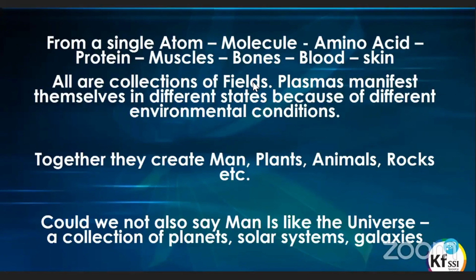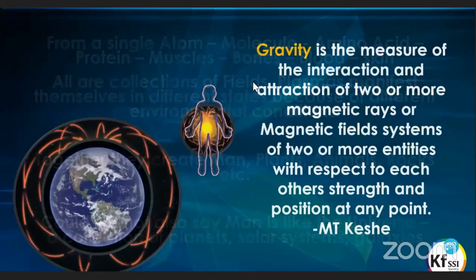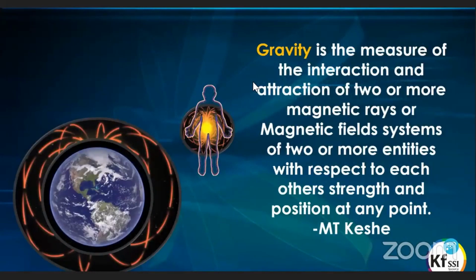And I just thought I'd bring this one in because I know Rick did ask the question last on the very first part one in terms of gravity. So when we have a look at the Earth and we've got ourselves, we could say that gravity is a measure of the interaction and attraction of two or more magnetic rays or magnetic field systems, or two or more entities with respect to each other's strength and position at any point.